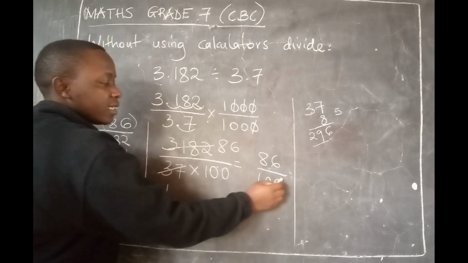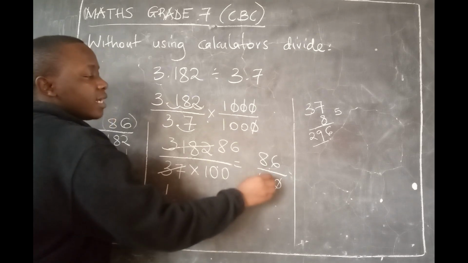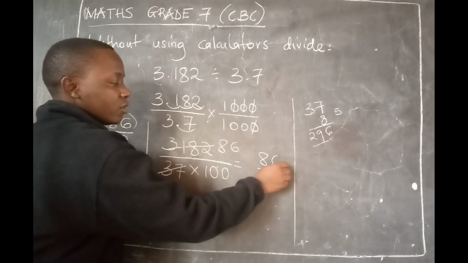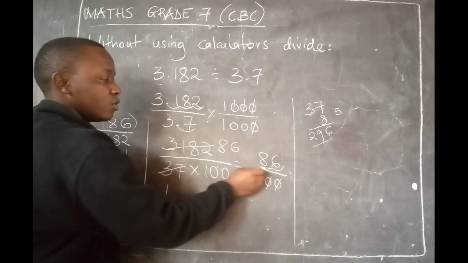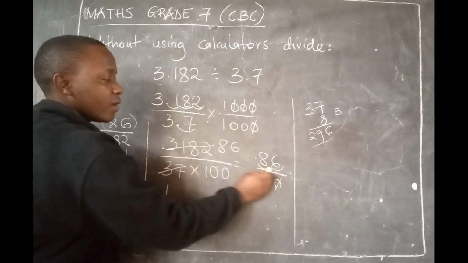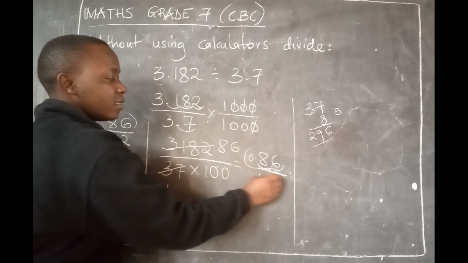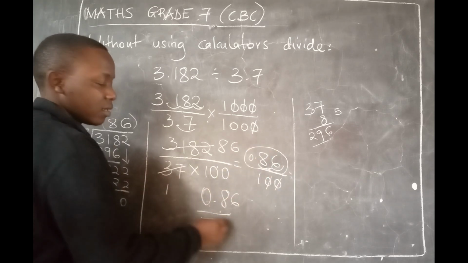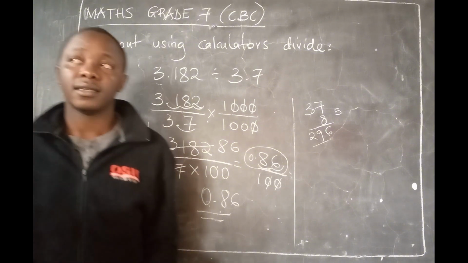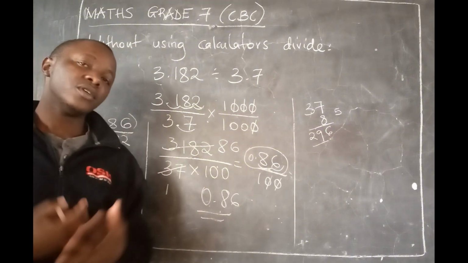How will you change it? You'll not take it to the other side. You'll bring it to this side. This is like 86.0. So it is 1, 2, 1, 2. So it is 0.86. Okay? And that is the answer. So it is as simple as that.